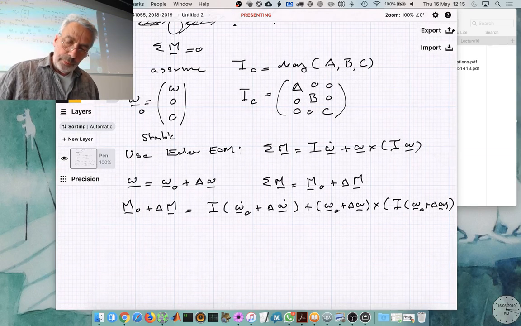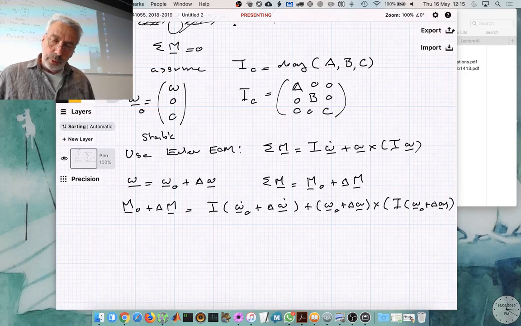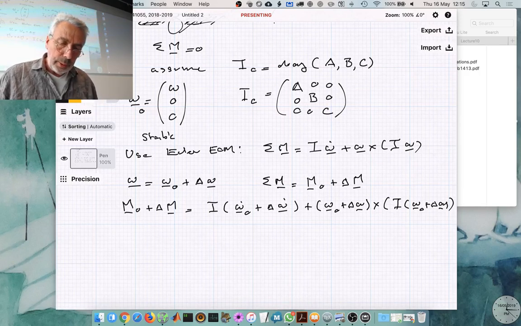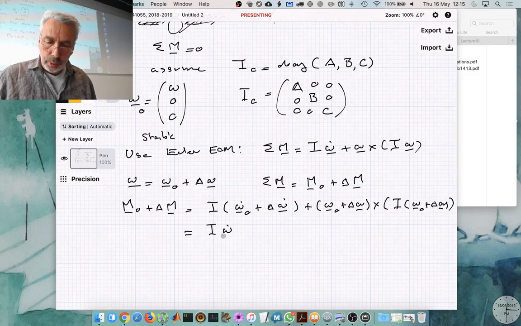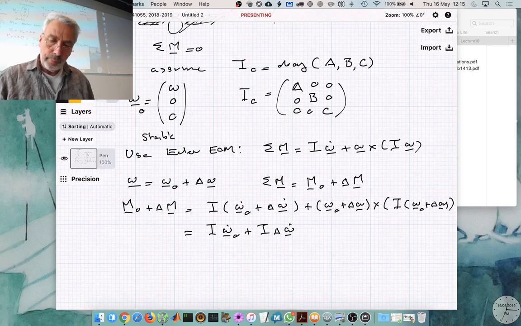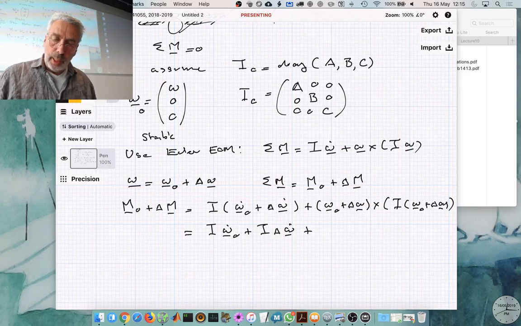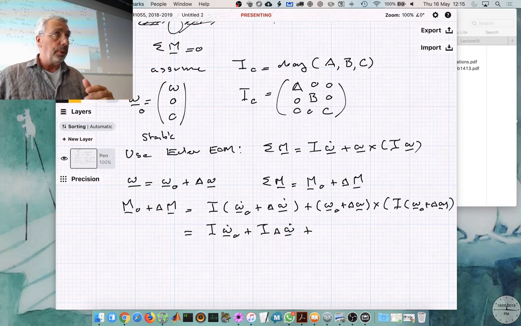Now let's first get all the constant parts out of it. Well, let's expand it. Expanding this is super easy: I omega dot 0 plus I delta omega. Then this seems also simple because A plus B cross product with something is A cross product plus B cross product. Right?